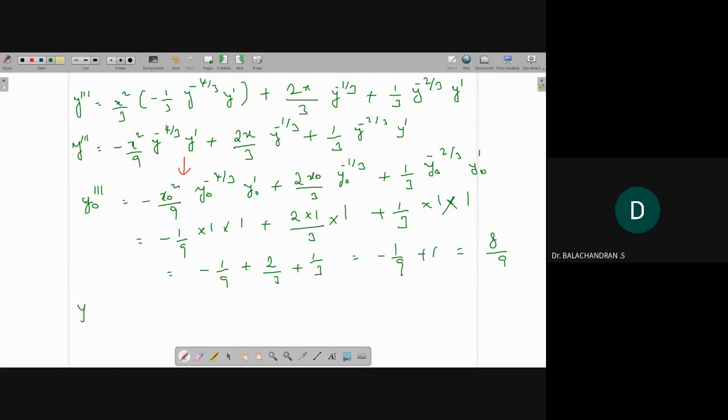Y1 equal to y naught plus h into y naught dash plus h square by 2 factorial into y naught double dash plus h cube by 3 factorial y naught triple dash plus.